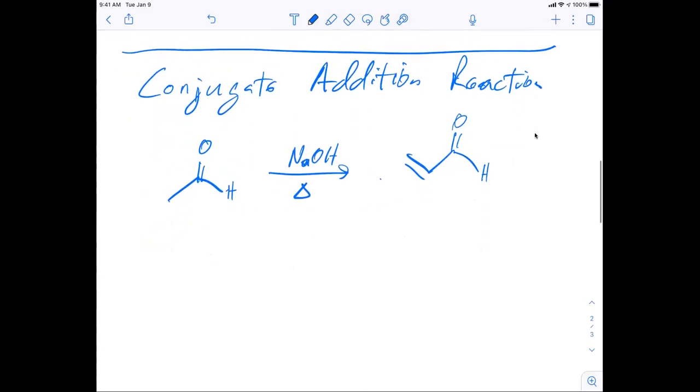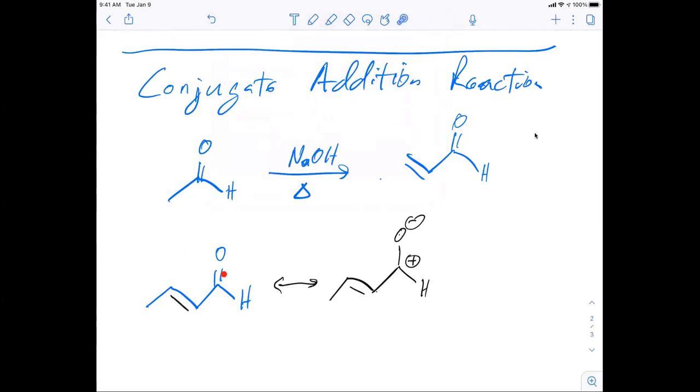And so what this one's going to be looking at is if we look at this, we can show resonance for this, where we break that pi bond to give me the positive and negative. So we're breaking this pi bond to give me this charge separated species.